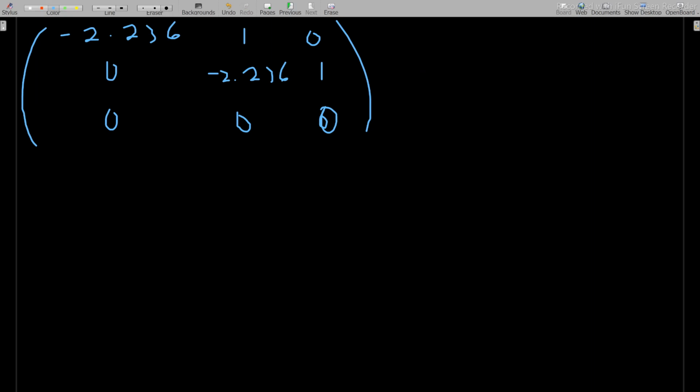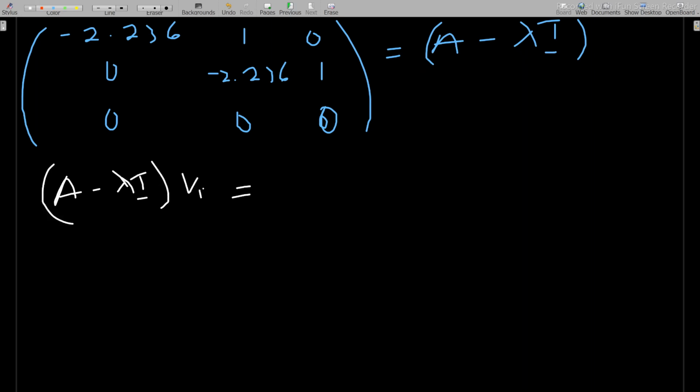So it means that this is my A minus lambda I, where this lambda is lambda 1, which is 2.236. Okay, so we said that A minus lambda I times our v1 should be equal to 0, and v1 we said is m1, m2, m3.